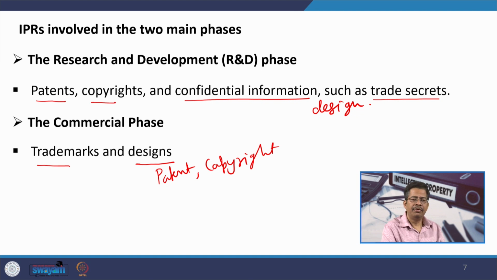But when you are trying to get identity of your product in the market, therefore, design and trademark come into the picture. So, it is very important, and all these things put together, patent, copyright, trade secret, trademark, design, etc., all these things put together make your IP portfolio.